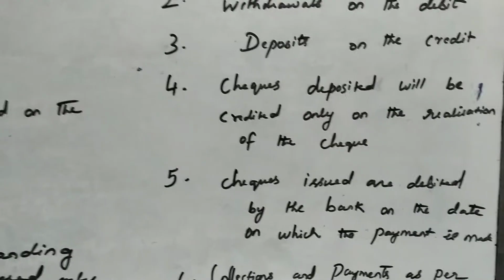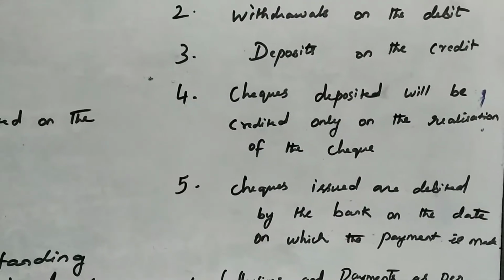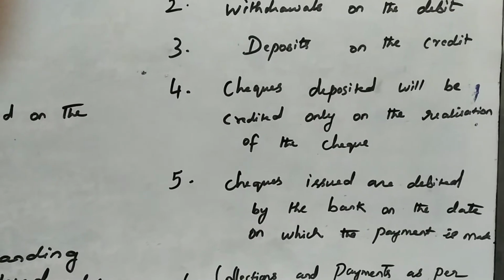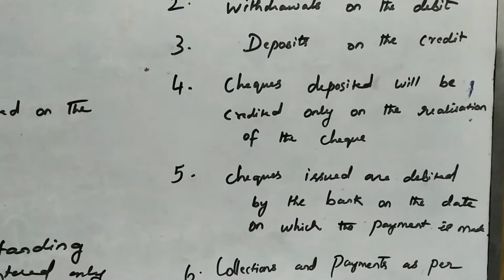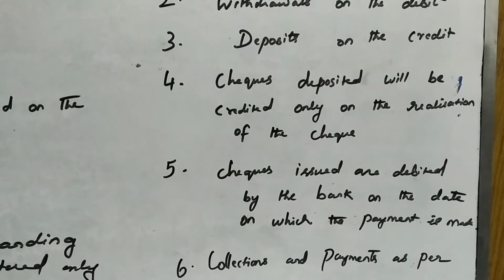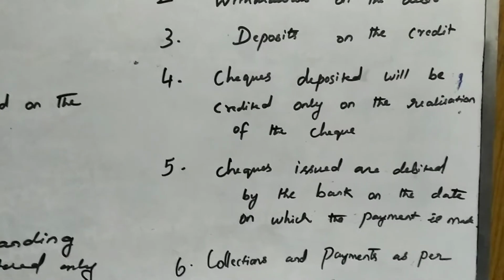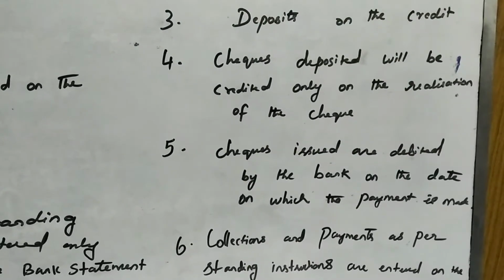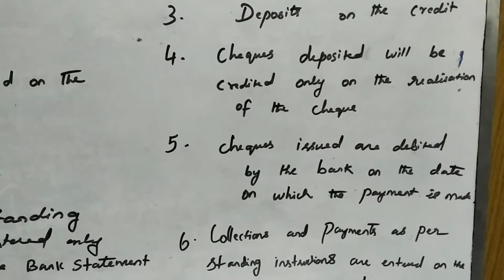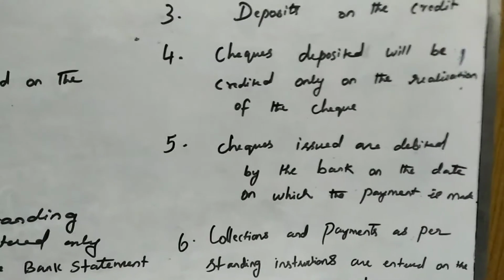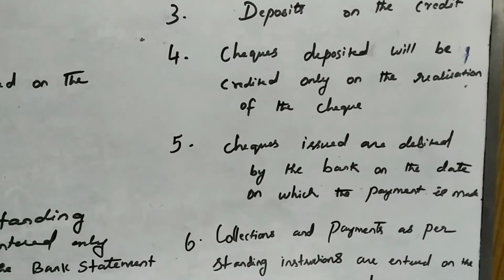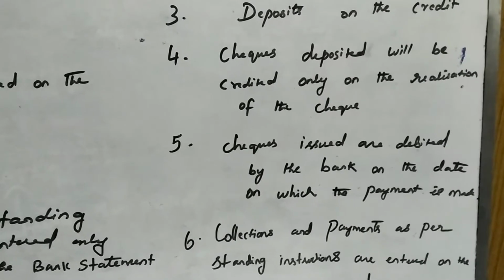So as I told you, Mr. Ram has to decide when he has to deposit the check and get the money. So now he has deposited the check only on 1st of March. Right? I have issued the check on 1st of February and it has been recorded in my cash book. Whereas the other person to whom I have issued has deposited the check with his bank only on 1st of March.